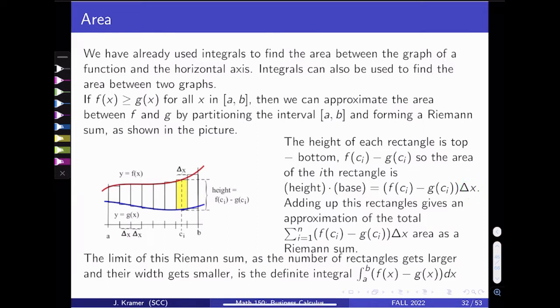If we add up these rectangles, it gives us an approximation of the total, which is the Riemann sum from i equals 1 to n of f of c sub i minus g of c sub i, times delta x. The limit of this Riemann sum as the number of rectangles gets larger and their widths get smaller is the definite integral from a to b of f of x minus g of x dx. So this is the area between two curves, which we'll see formally written on the next slide.